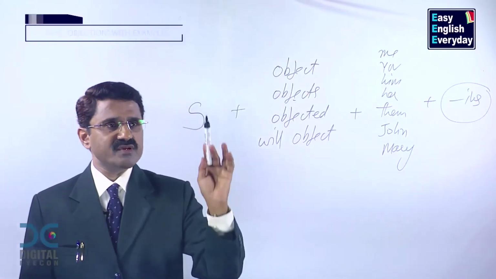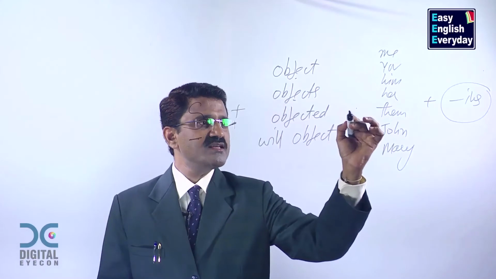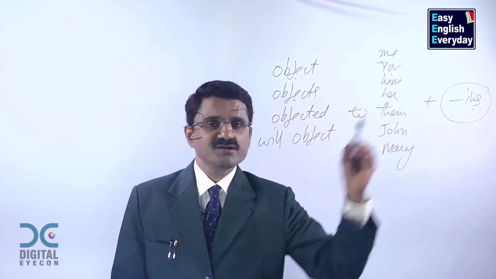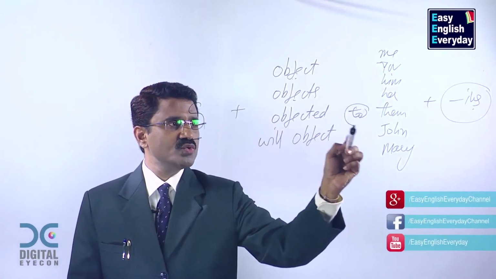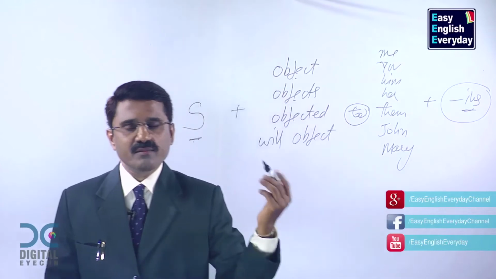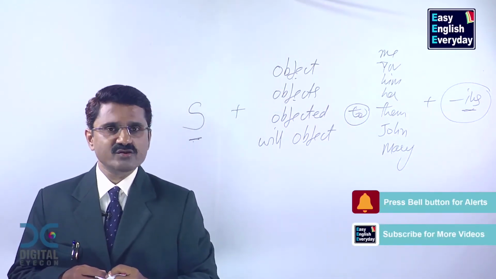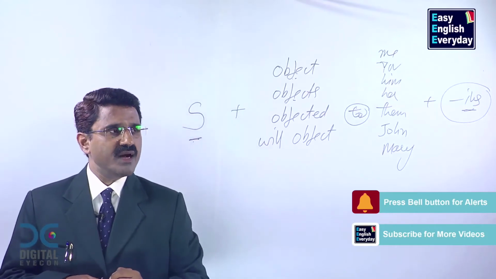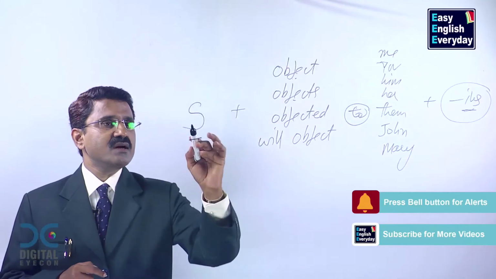Now look at the examples. I object to my students coming late to the classroom, meaning my students come late to the classroom. That is one of their bad habits. So I object to that.